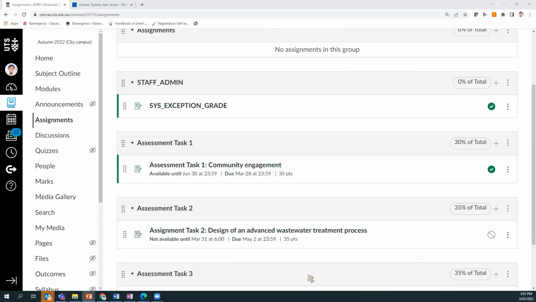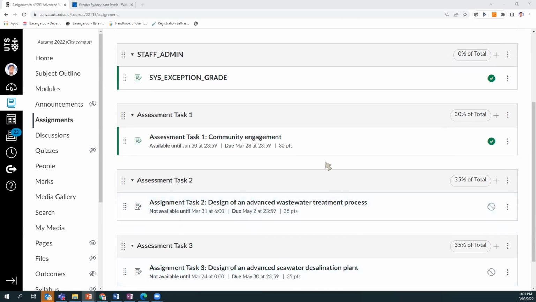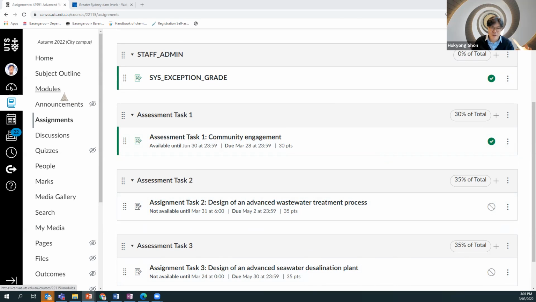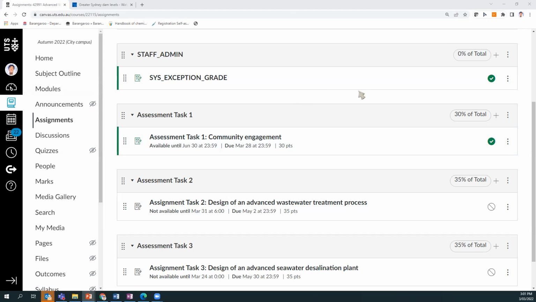Okay, sure. But this information is available in the PDF file which we provide in your module. You can also find it in the assessment format, so you can download and read the documents. Okay, thanks.